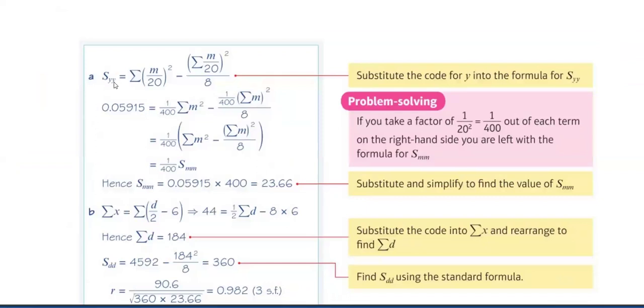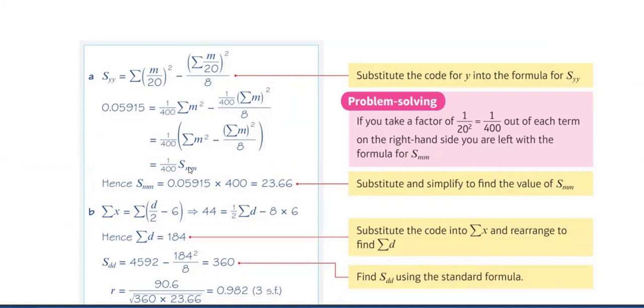According to sigma y squared, then we can convert to m over 20. This one also, sigma y, m over 20, like this. Then sigma y is given, then you can find some relationship between Syy and Smm. After writing like this, 1 over 400, you can write it like this as a factor.